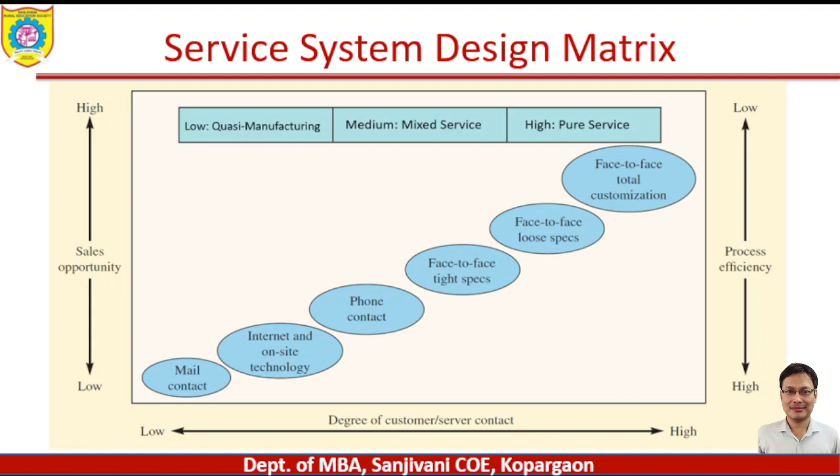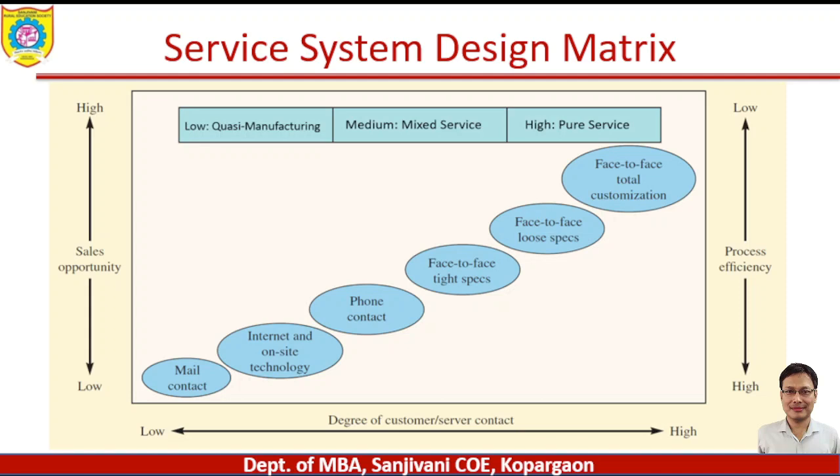So the process efficiency is very high, contacting a huge number of customers simultaneously. But on the other hand, the sales potential is very low in case of this service, as there is very little human interaction. The impact of the service provider on the customer is close to negligible.